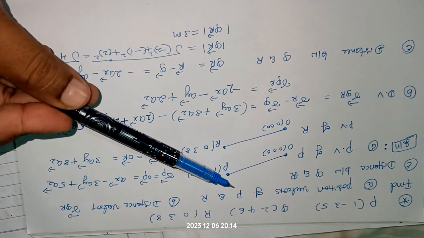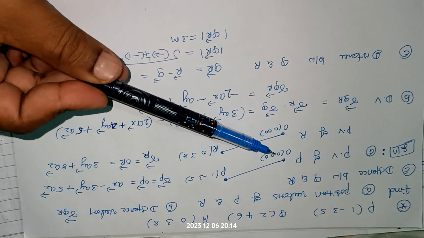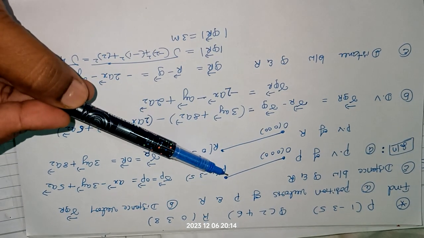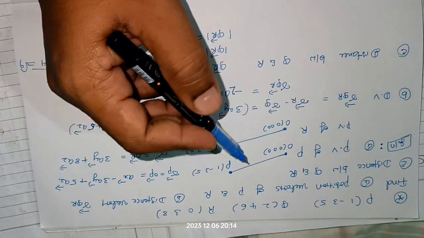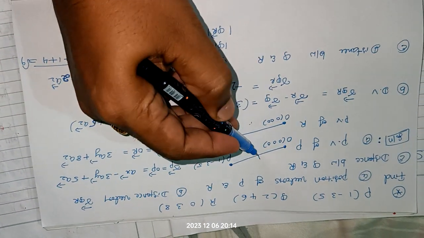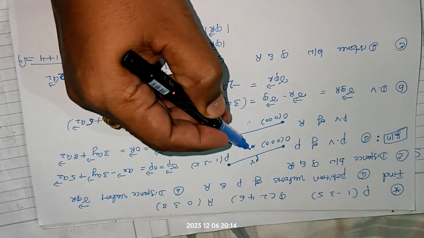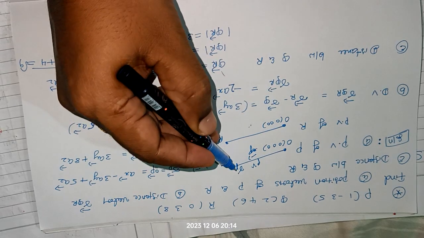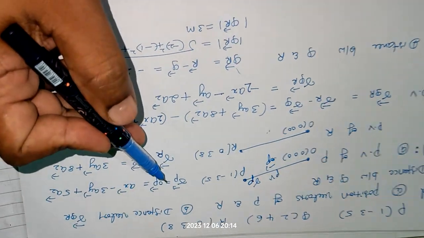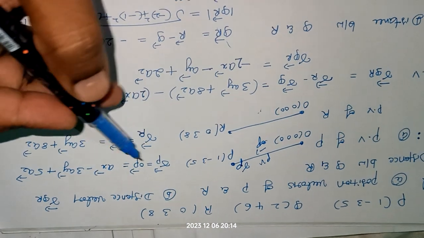For position vectors, we always take the reference of the origin. So first take the origin and the point P, and connect these two with a line. This is called the position vector. Between O and P, we can write it as OP, or simply the radius vector with respect to point P, recognized as RP or OP.